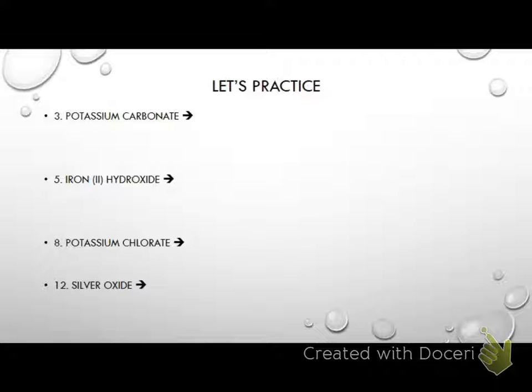Potassium carbonate. Again, we got to know how to write that correctly. So potassium carbonate. Potassium is a +1. Carbonate's a -2. So we would write this as K2CO3. And we're going to break it down. And if you go look at metallic carbonates, it will tell you that a metallic carbonate breaks down into metallic oxide plus CO2.